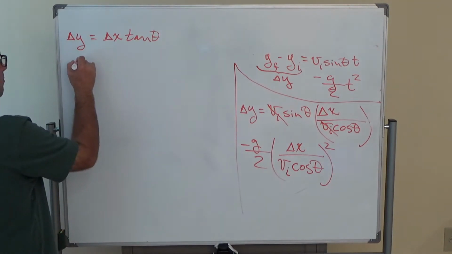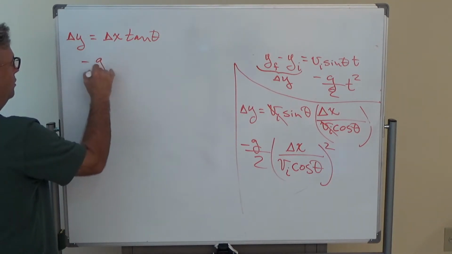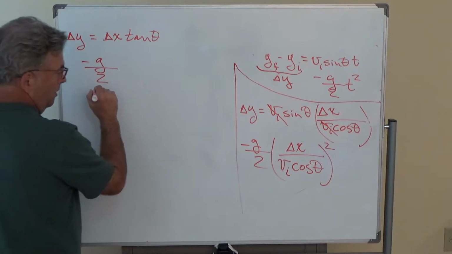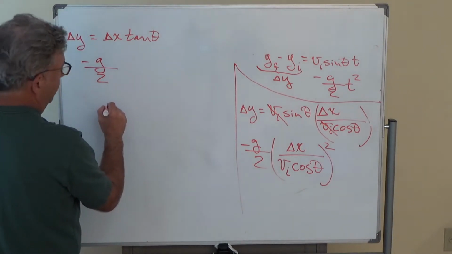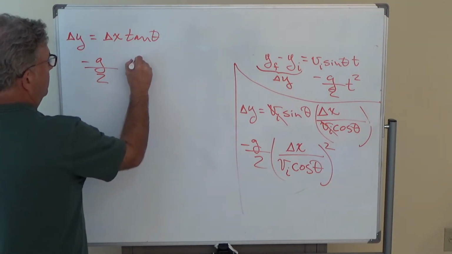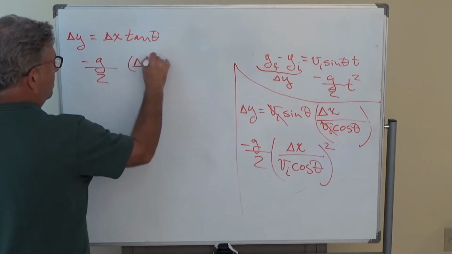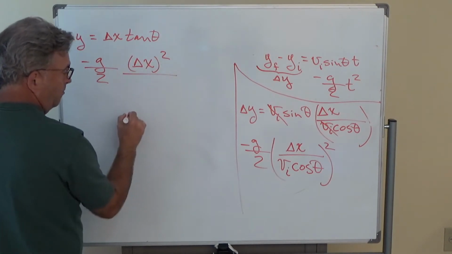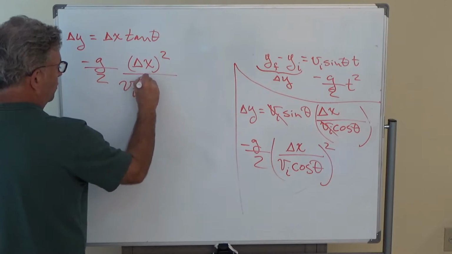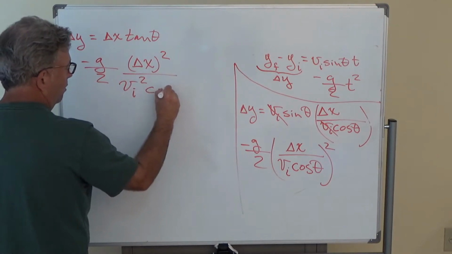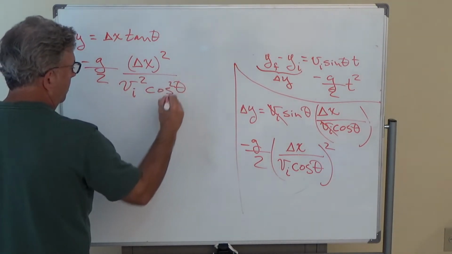Then you have minus g over 2 and a delta X squared divided by V initial squared cosine squared theta.